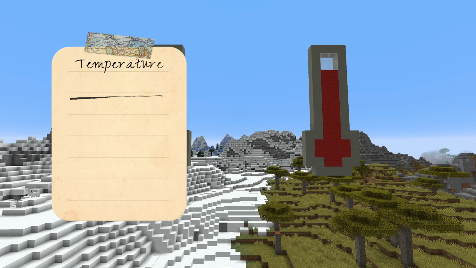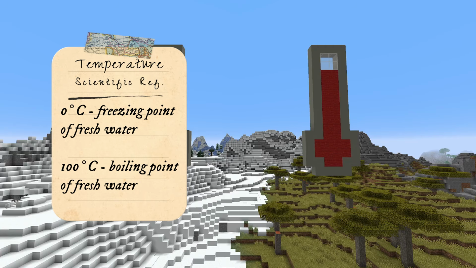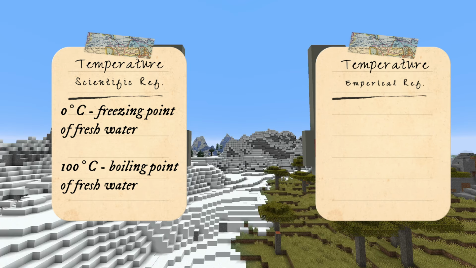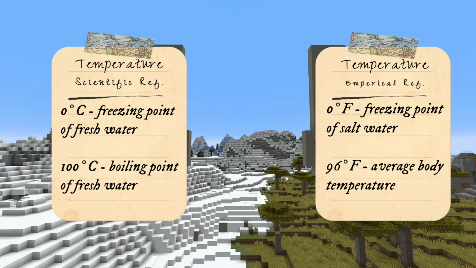0 degrees Celsius is the freezing point of fresh water at atmospheric pressure. 0 degrees Fahrenheit was used to describe the freezing point of a water and salt brine solution. And 100 degrees Celsius was used to represent the boiling point of fresh water at atmospheric pressure, while 96 degrees Fahrenheit was used to describe the normal average body temperature of any human.